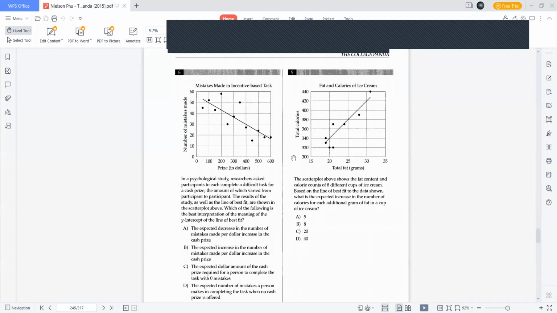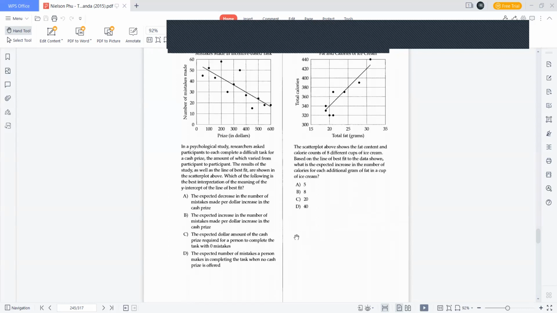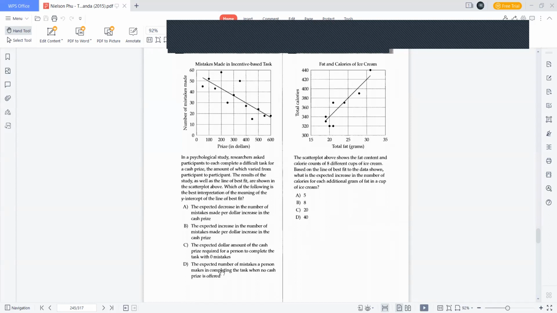That's going to be like $700, $800, $900 someone would need to be offered to make 0 mistakes. So C is out for that reason. That's not the y-intercept. That is actually the x-intercept. So for that reason, D is the answer.